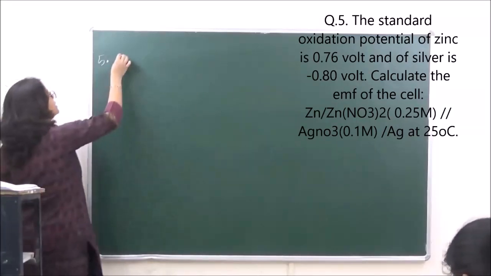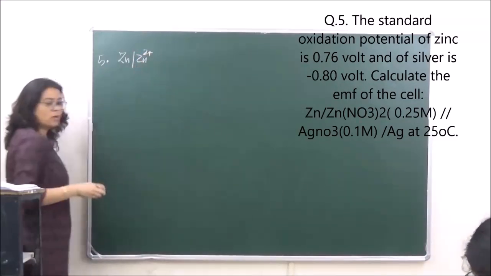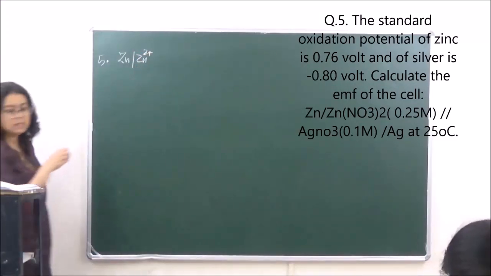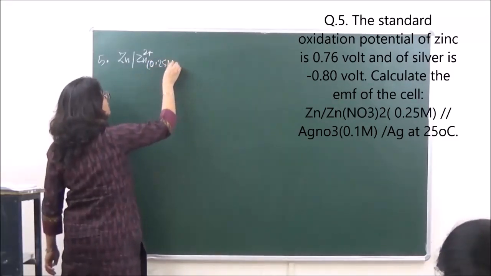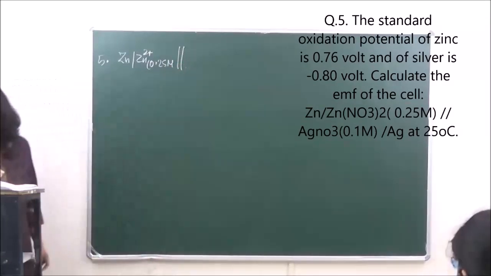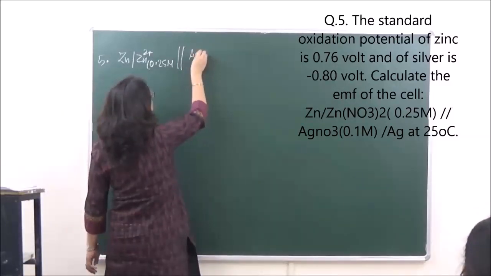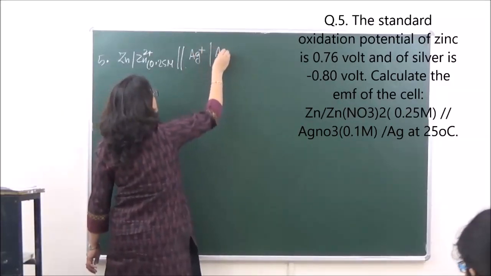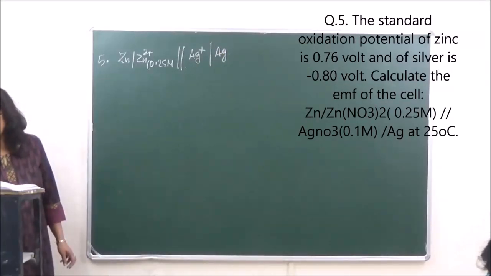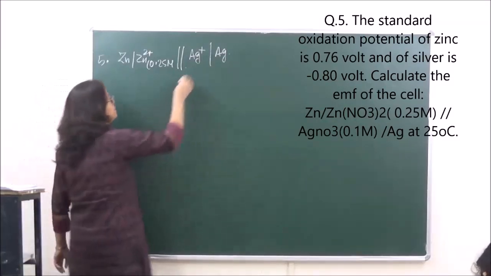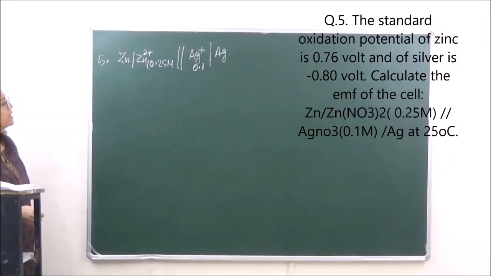They have given us Zn slash Zn2 positive, the concentration given to us is 0.25 molar, double slash Ag positive to Ag, and the concentration of Ag positive given to us over here is 0.1. Okay? So let's calculate over here.